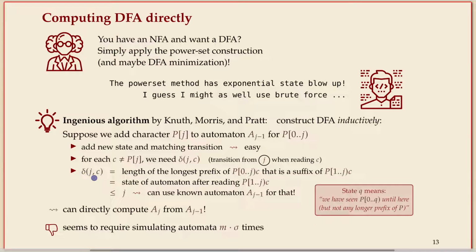So if I go from state J and I read a character C that is not the next matching one, I'm supposed to find the longest prefix of the pattern, the first J characters of the pattern with this new character C added, which is also a suffix of that same string, but with the first character removed.